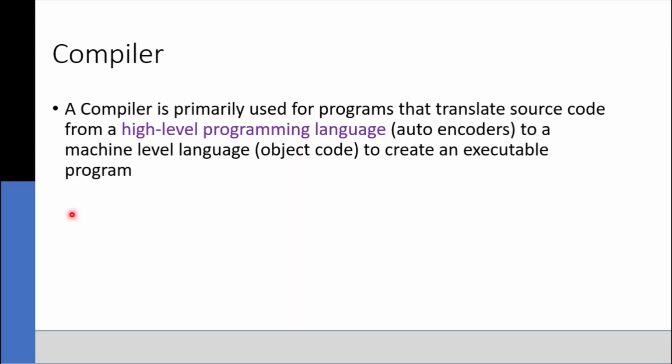Compiler. Now, a compiler is primarily used for programs that translate source code from a high level programming language to machine level code to create an executable program. There's the term high level programming language again.